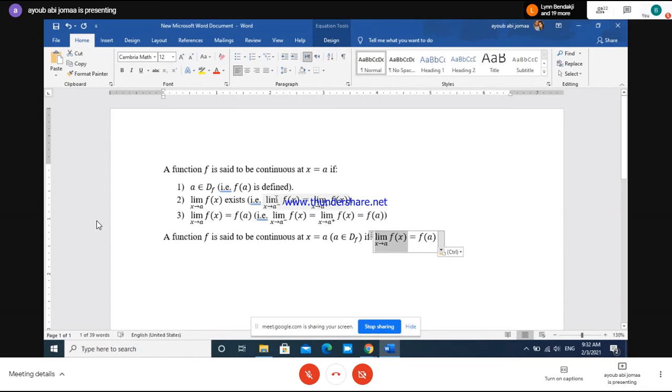It means that the limit from the left is equal to the limit from the right. This statement is equivalent to these. Sometimes, let's say in your book, I guess they wrote only this. But you have to understand that the limit is equal to f of a, it means that the limit from the left is equal to the limit from the right.